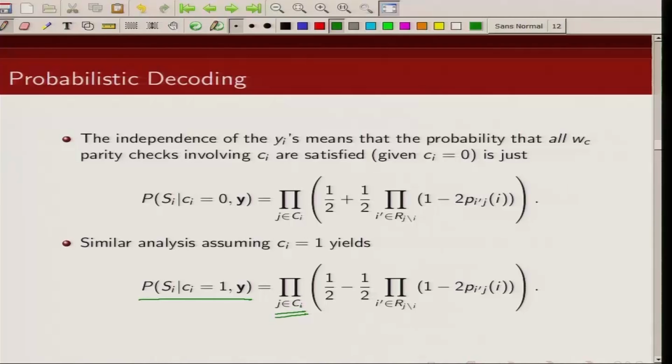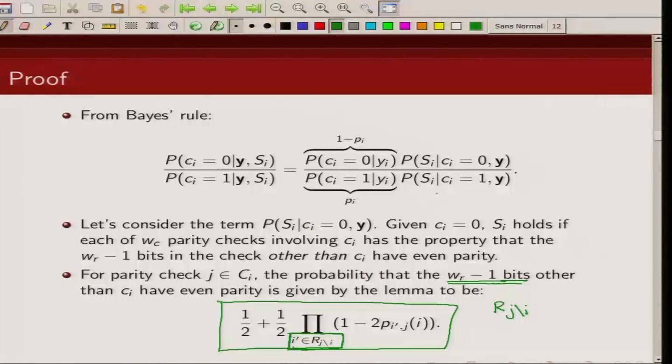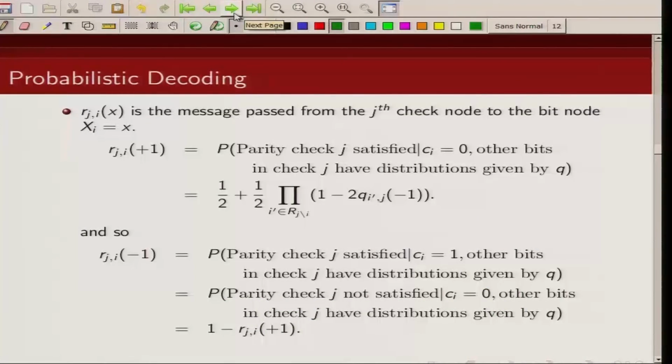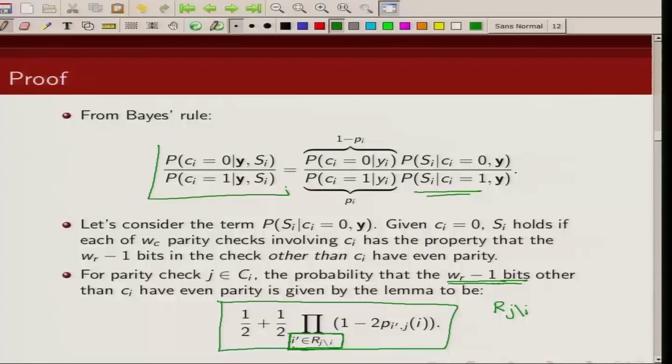So, this is the probability of this parity check constraint getting satisfied when Ci is 1, and this is the expression when Ci is 0. So, if I plug these values into this expression here, what I get is the expression for this.